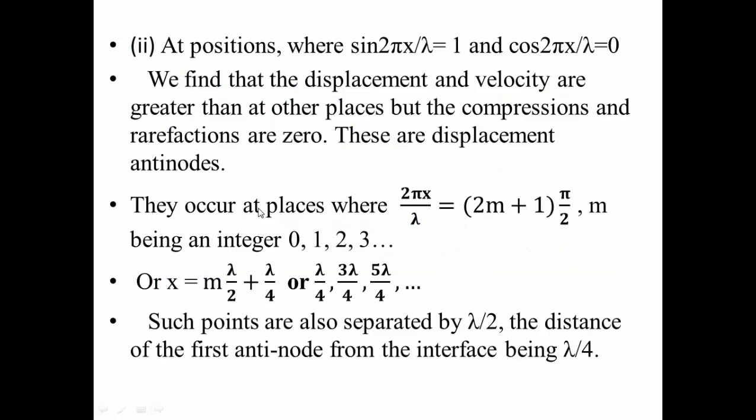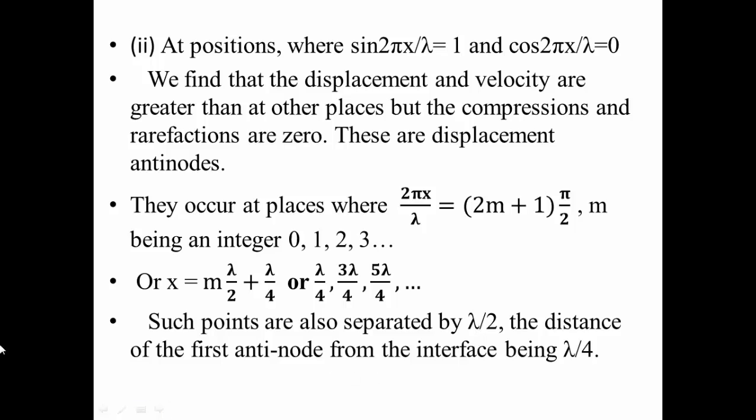These points occur at places where 2πx/λ is equal to (2m+1)π/2, with m equal to 0, 1, 2, 3. Solving this equation, we get x equal to mλ/2 plus λ/4. Putting m equal to 0, 1, 2, 3, we get λ/4, 3λ/4, 5λ/4. Such points are separated by distance λ/2.